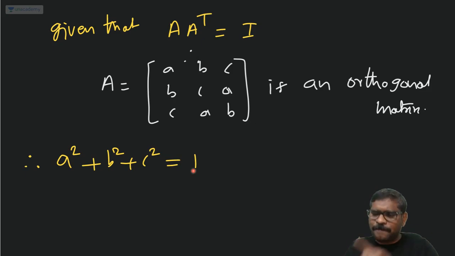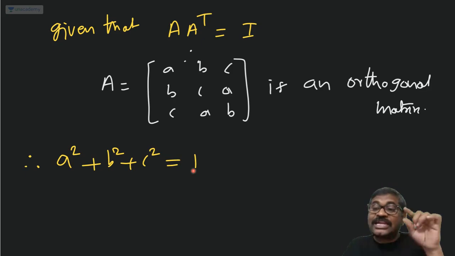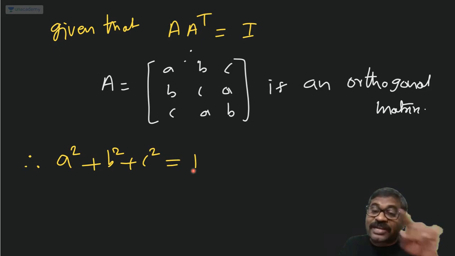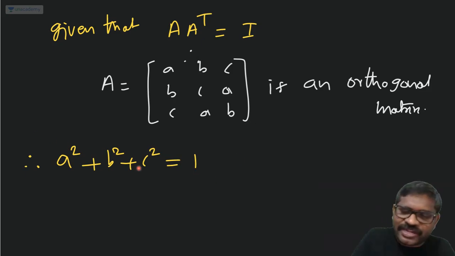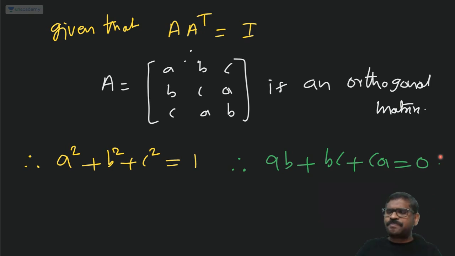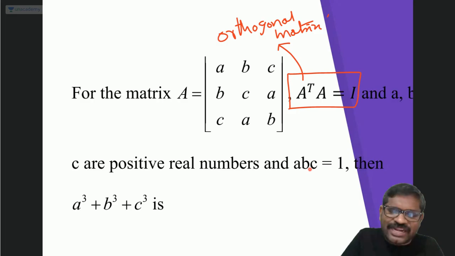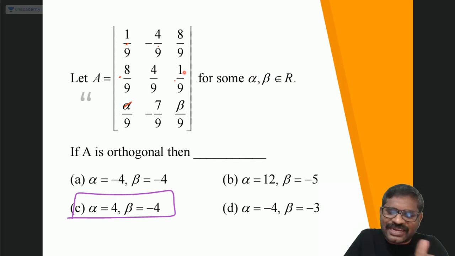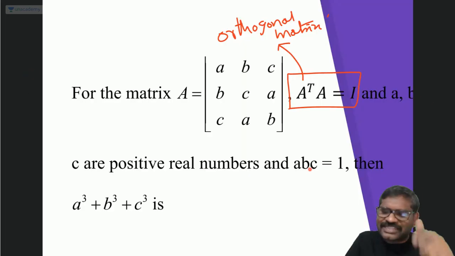Okay. Now dot product between two vectors equal to 0. Therefore, you can write another point: AB plus BC plus CA equal to 0. Already I have explained the step-by-step procedure, that's why I have written the direct step here.